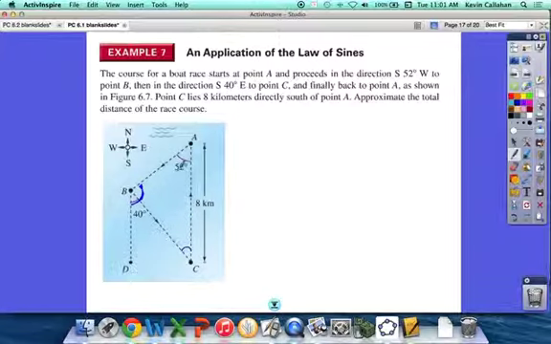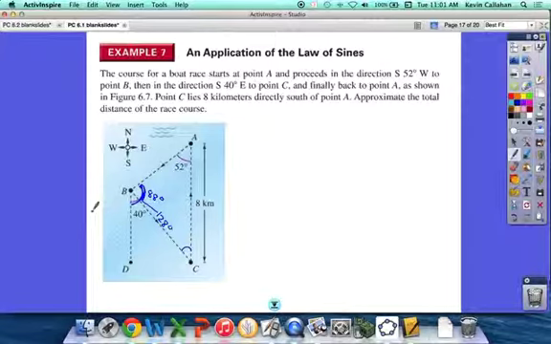Okay, well, what's 180 minus 52? Yeah, this whole angle there is 128 degrees because of consecutive interior angles, which means how much is just that part which is inside the triangle? 128 minus 40, right? So this is going to be this part only, right? That angle is 88 degrees.